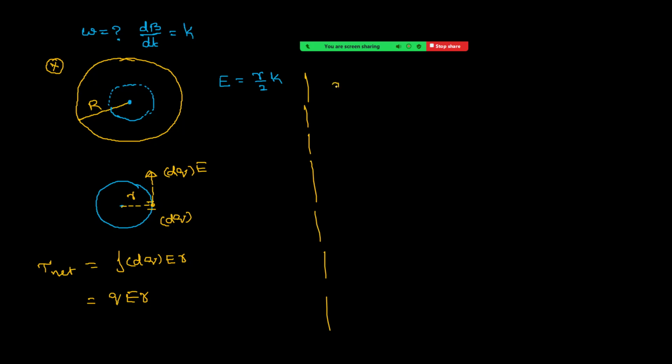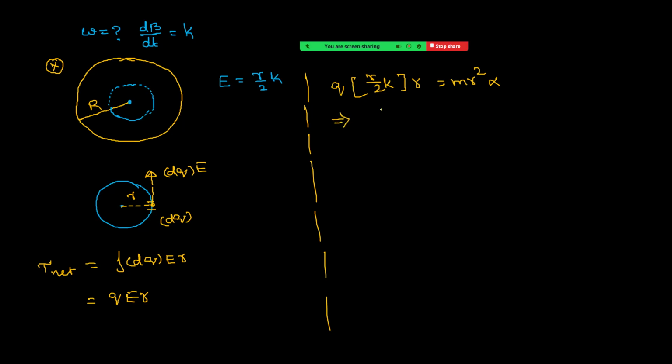This net torque is equal to Q. In the place of E, I am writing R by 2 into K, into R. This net torque is equal to I into alpha. Since it is a ring, the I value about its own axis is mr square, so mr square into alpha.